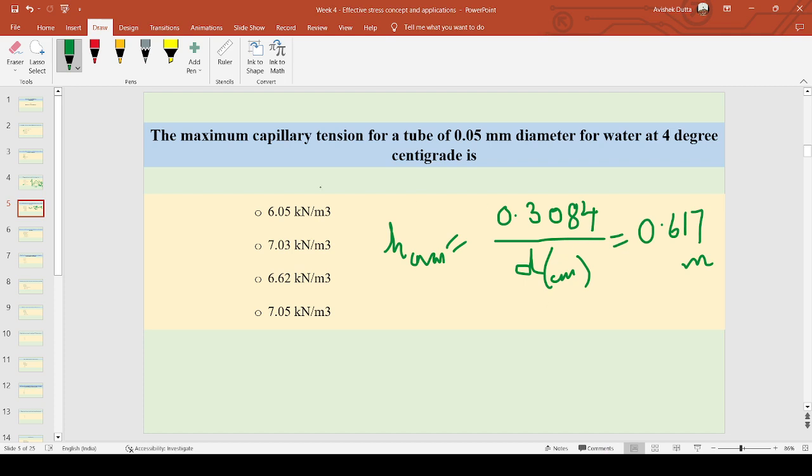Now if you want to find out the capillary tension in the tube, how can we get it? Capillary tension equals HC max into gamma W. Gamma W is 9.81 kN per meter cube.